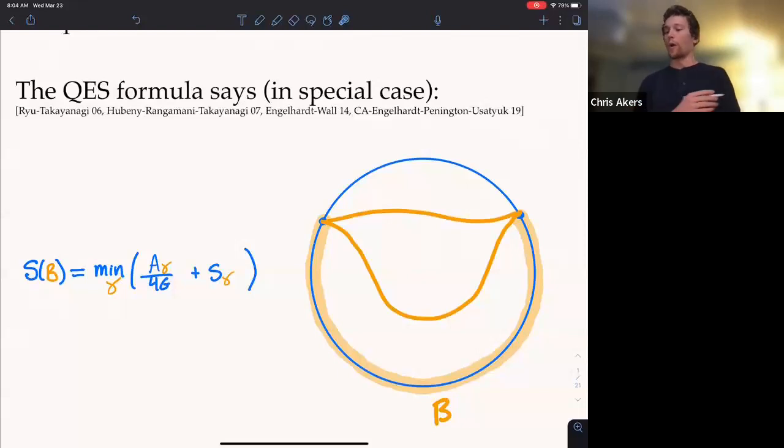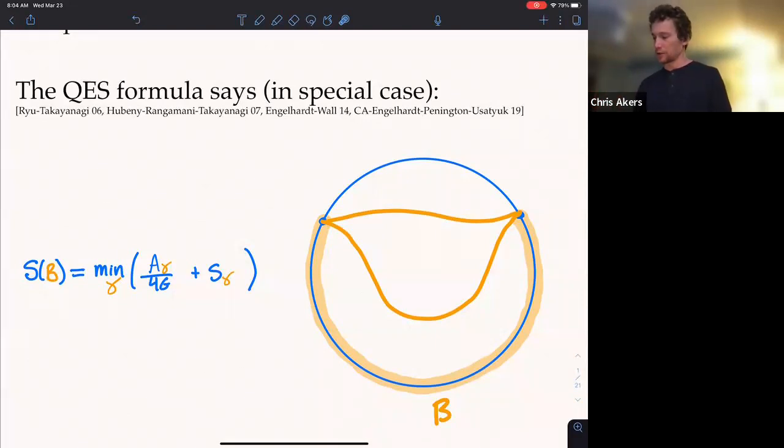And what the quantum minimal surface formula says is that you can compute the von Neumann entropy of some boundary subregion B using some very nice prescription applied in the dual, so in the AdS theory.